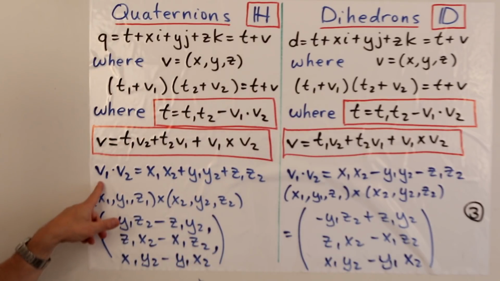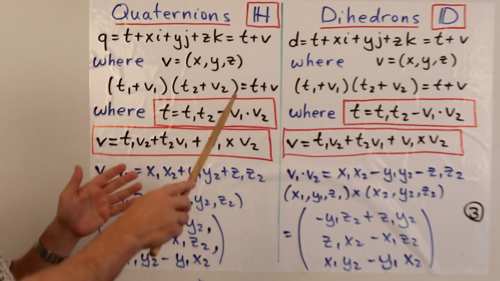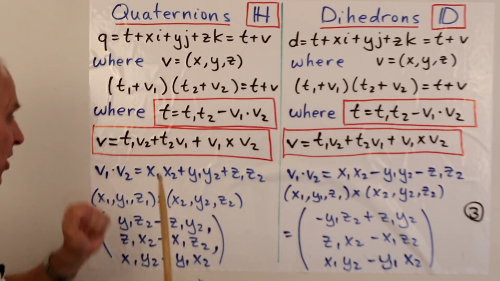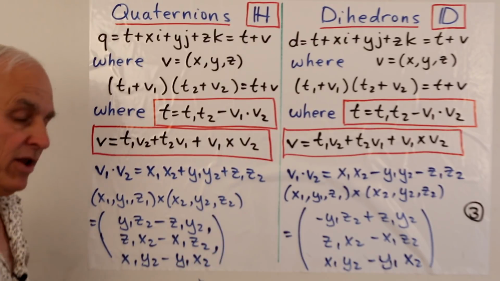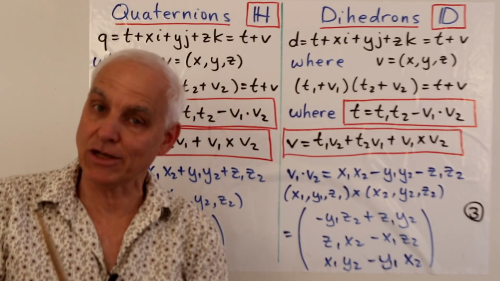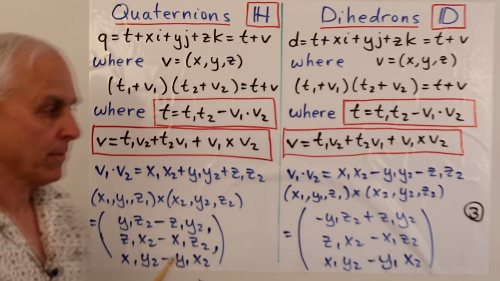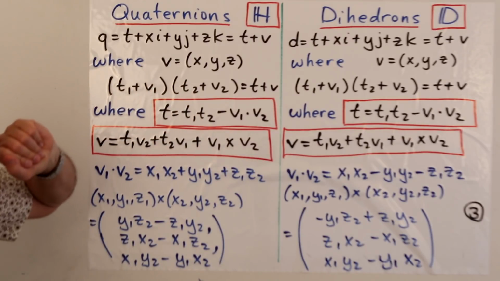In fact, here it is right here. v1 dot v2, if v1 is x1, y1, z1, and v2 is x2, y2, z2, then the dot product is x1x2 plus y1y2 plus z1z2. That's the familiar Euclidean dot product, or sometimes called inner product. So that's appearing in the formula for t when you multiply these two.